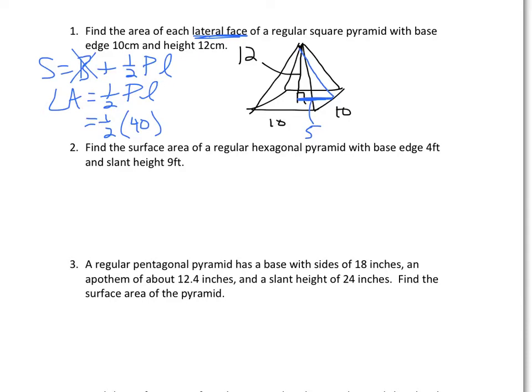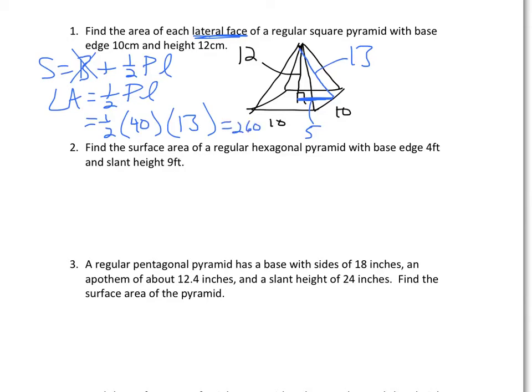It's 5. I can find the third side with the Pythagorean theorem: 12 squared plus 5 squared is 169, and the square root of that is 13. So the slant height's 13, which tells us that we've got 20 times 13, so the lateral area is 260.